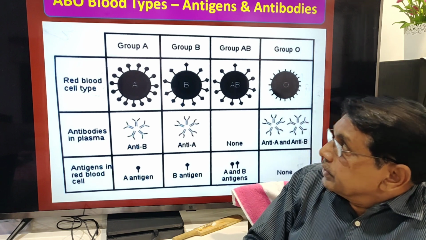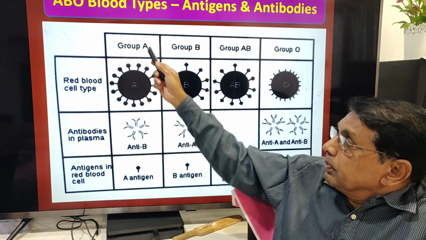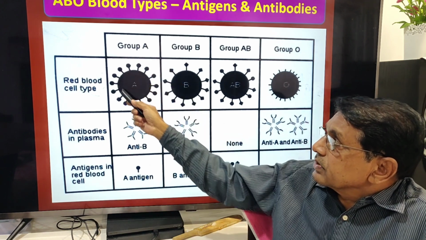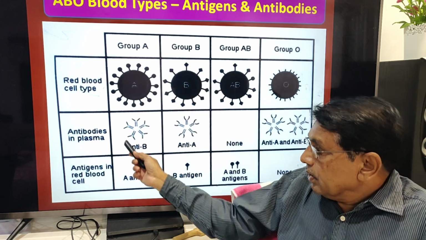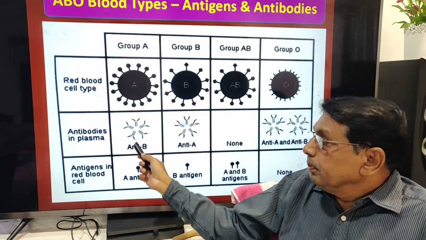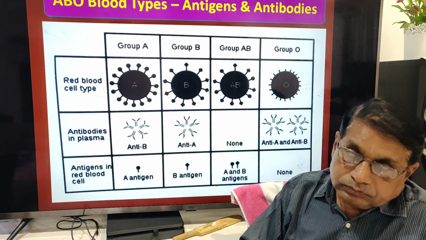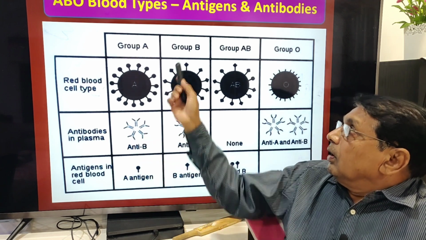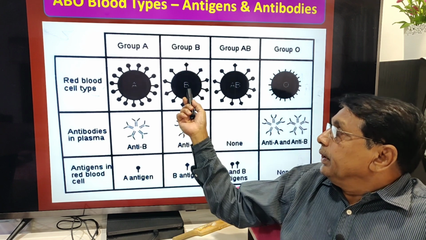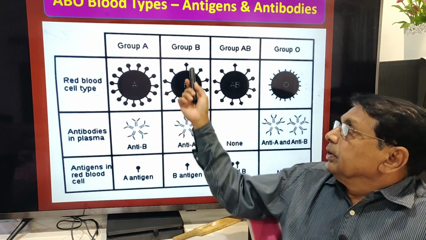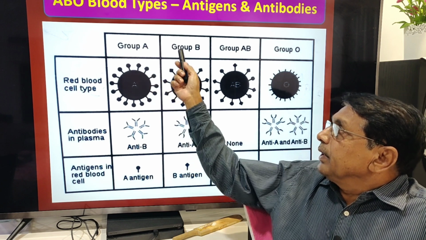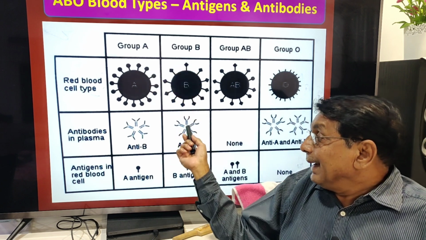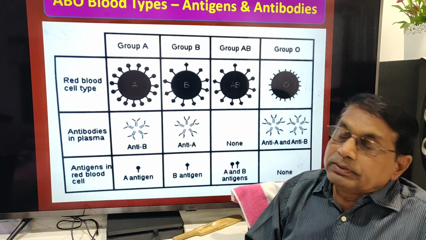Then, look at this diagram. In A blood group people, the A antigen is present on the surface of the RBC, and in plasma, anti-B is present. Now group B: B antigen, see the difference between these two. B antigen, with anti-A antibodies in plasma.